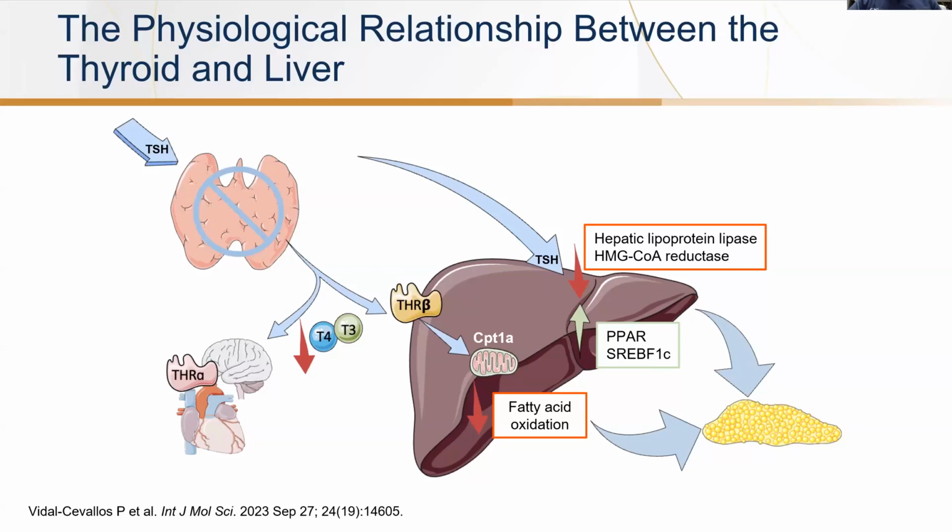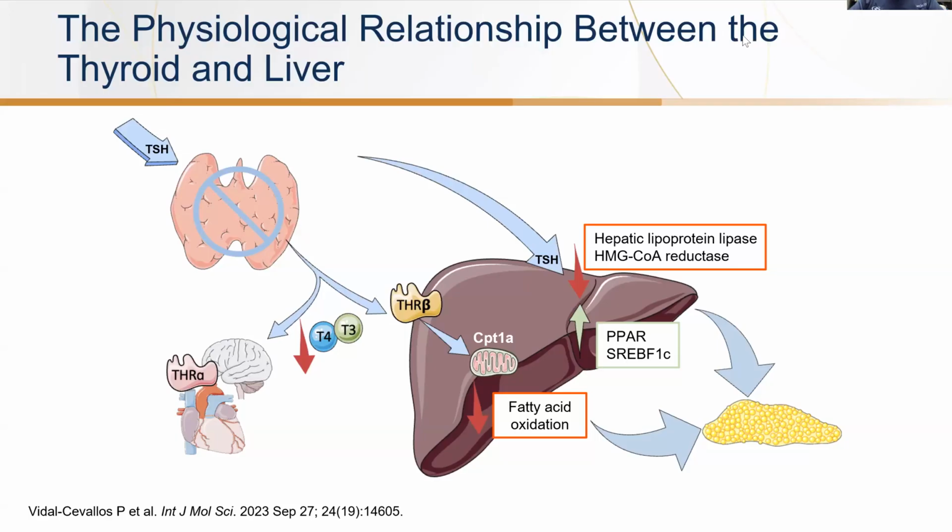And so when you have selective targeting of the liver with the beta thyroid agonist, the mechanisms of action in treating MASH include lipid metabolism. This activates beta thyroid in the hepatocytes that can upregulate genes involving fatty acid oxidation and lipid metabolism.